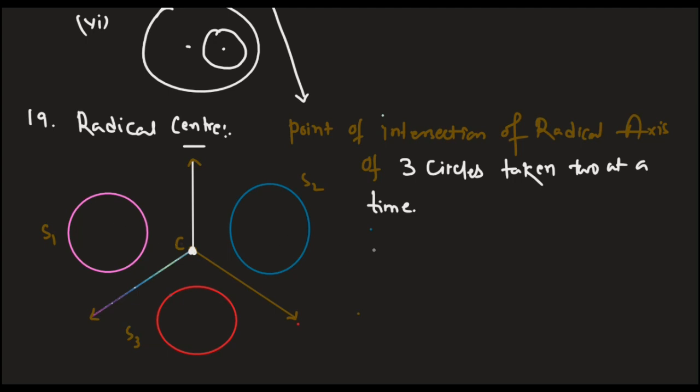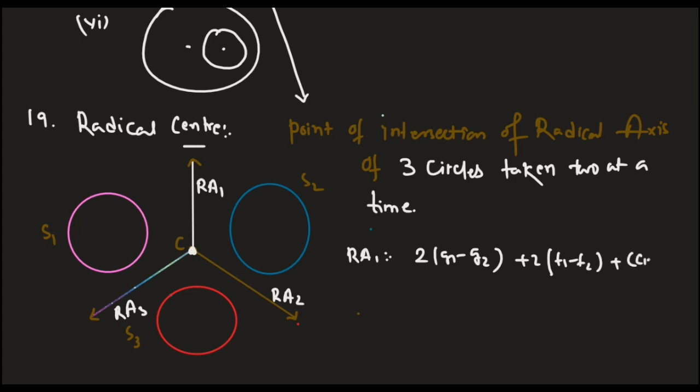Now if I find these radical axes, I call this one radical axis 1 and this is radical axis 2, that is for S2, S3. Then the remaining pair will be radical axis 3. First I am calculating radical axis 1. Here we have 2 times (G1 minus G2) x plus 2 times (F1 minus F2) y plus (C1 minus C2) is equal to 0.